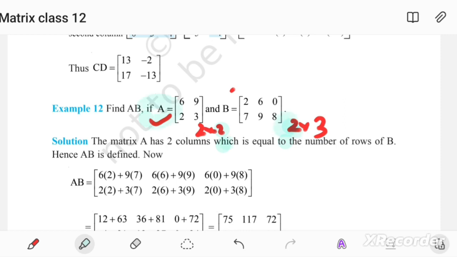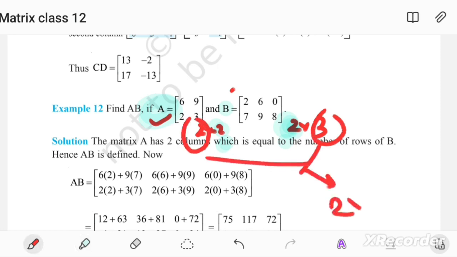As in this case, the number of columns in matrix A and the number of rows in matrix B are the same, both equal to 2, so we can very easily multiply them. Multiplication is defined here, and the resultant matrix which we get has the remaining 2 and 3. That means we will get a matrix of 2 by 3.